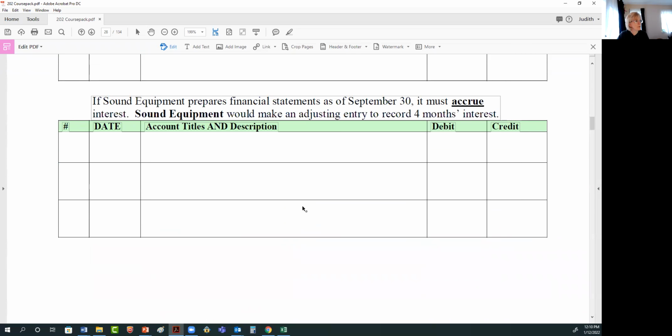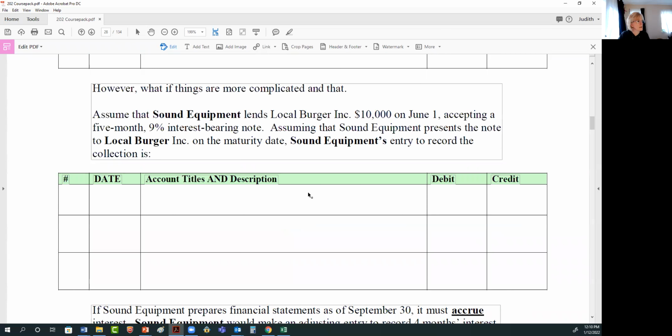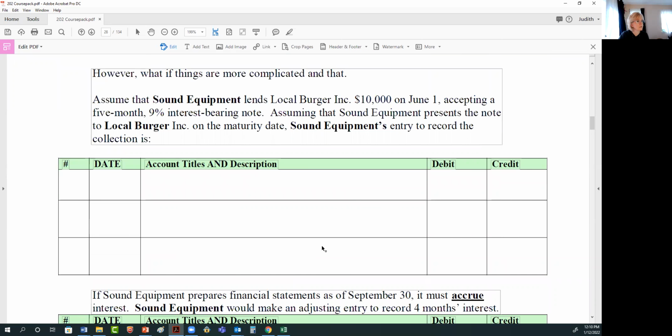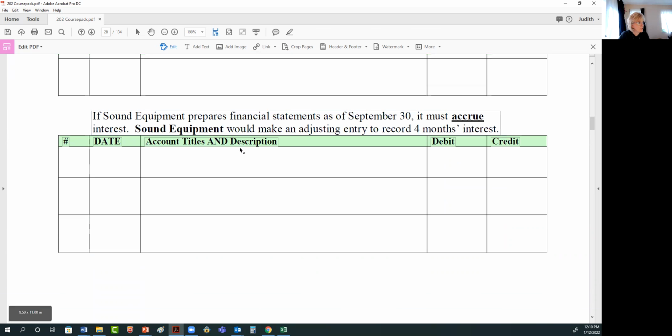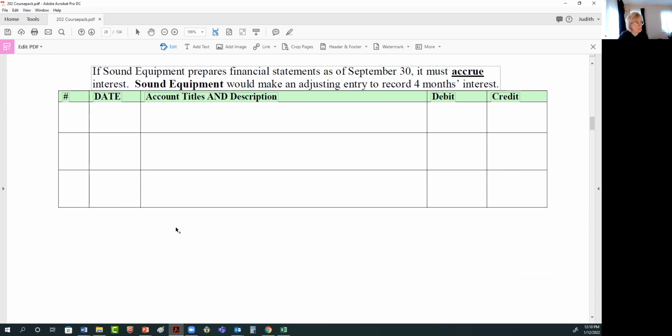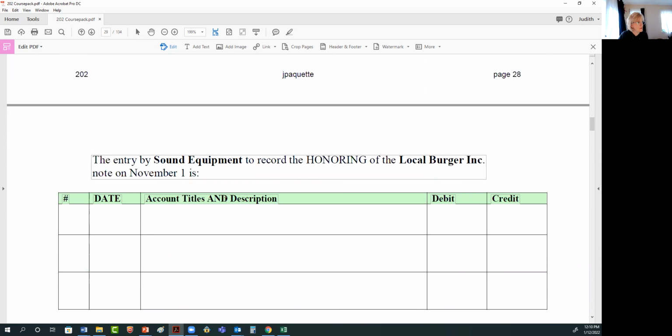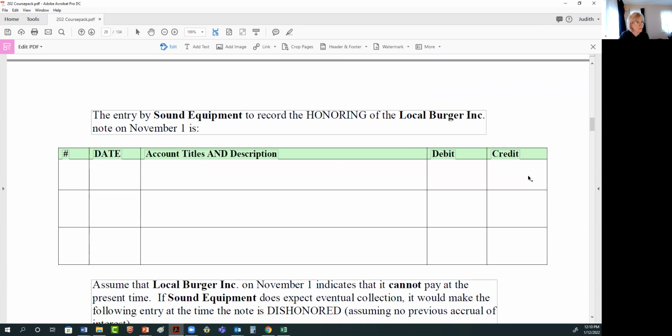So if I were to number these, I would say this one would be 1A. This one would be 2A because we're doing a different example. And this one would be 2B. So it's an extension of 2A where we had the note with the accrual.